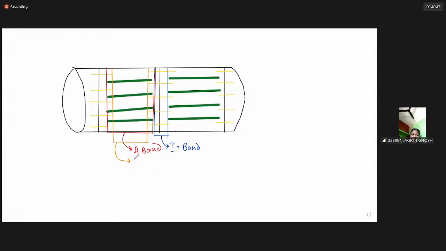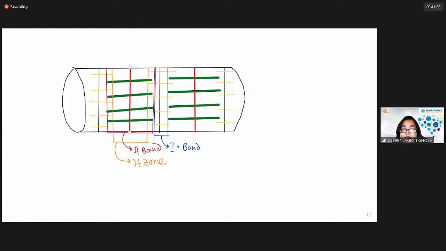H zone. Very good. Lastly, one single thing which is left, that is the middlemost point of the thick filament is called M line. M line. Very good.